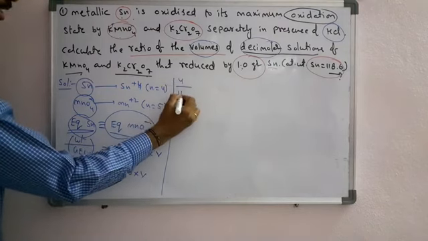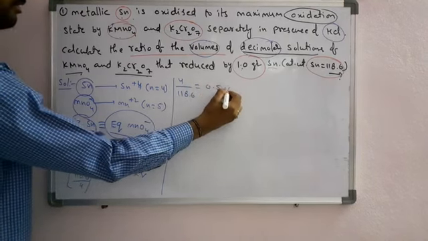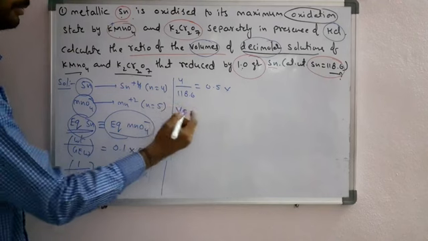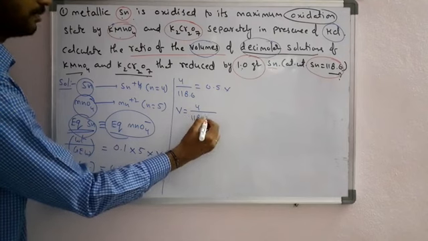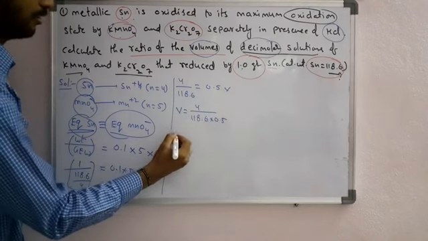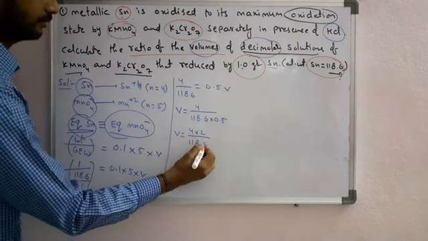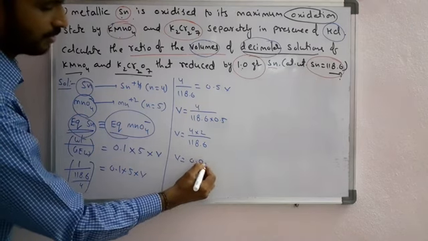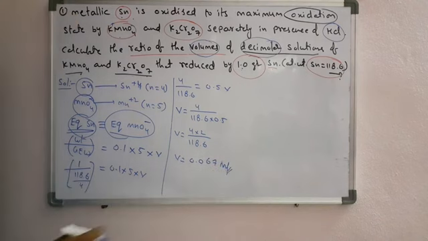Therefore 4 by 118.6 equals 0.5 V, so V equals 4 by 118.6 into 0.5. Finally we got the value as 0.067 milliliters.